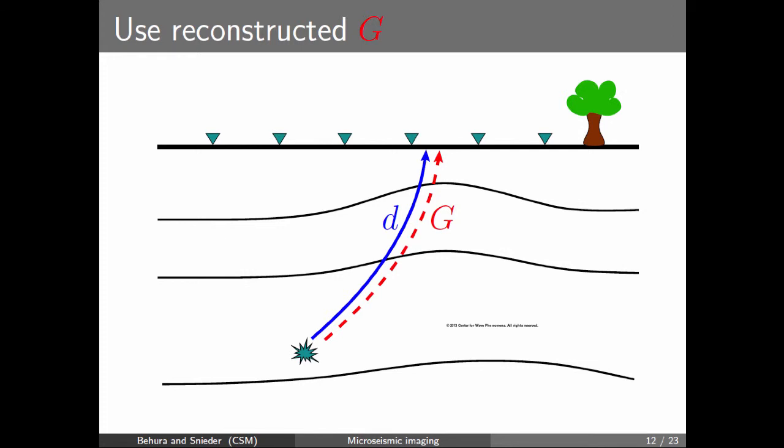We record the microseismic data on the surface, and then we reconstruct the true Green's function from a certain image point to the surface using this iterative scheme. And this Green's function reconstruction requires surface reflection data as well as a background velocity model.